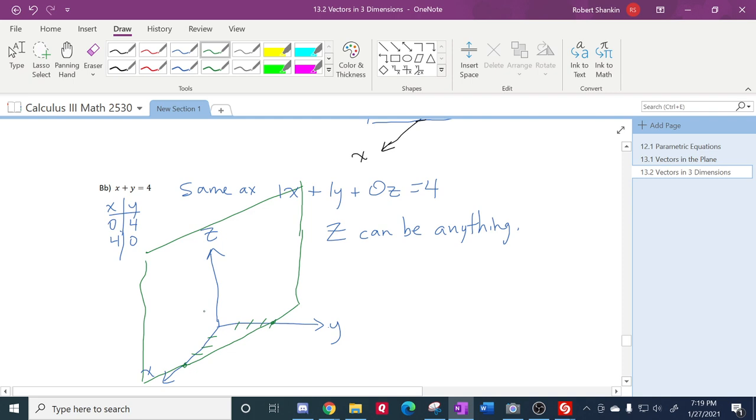The general rule of thumb is linear equations in any space are 1 dimension less than the space you're in. So in 2 space, that's why we go one dimension less, we get a linear equation as a line. In 3 space, linear equation, one dimension less, it's a plane.